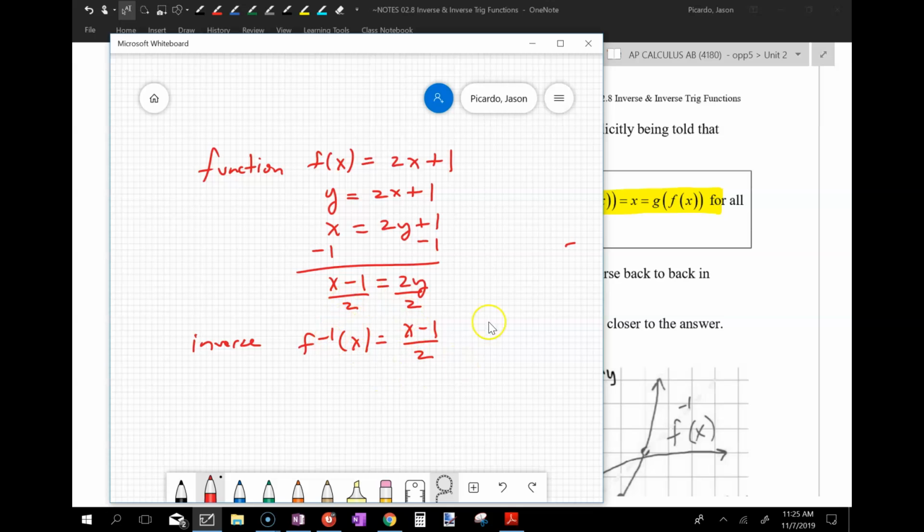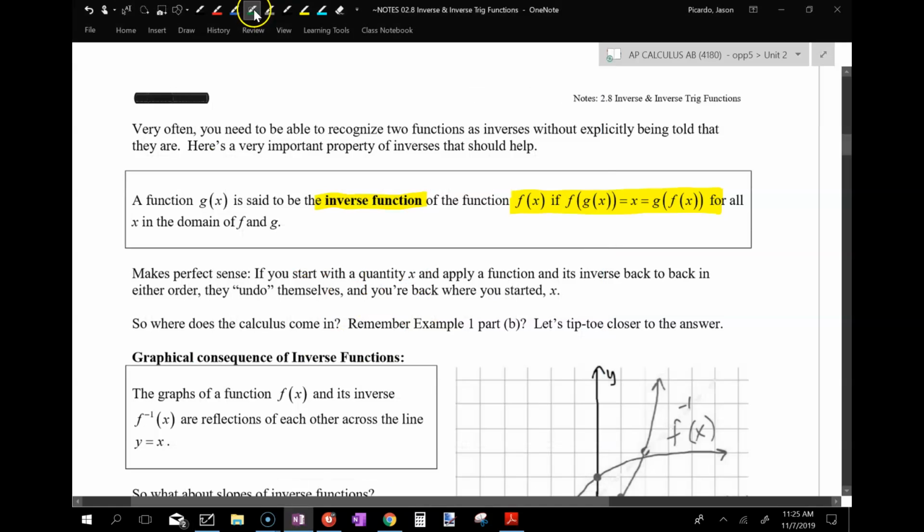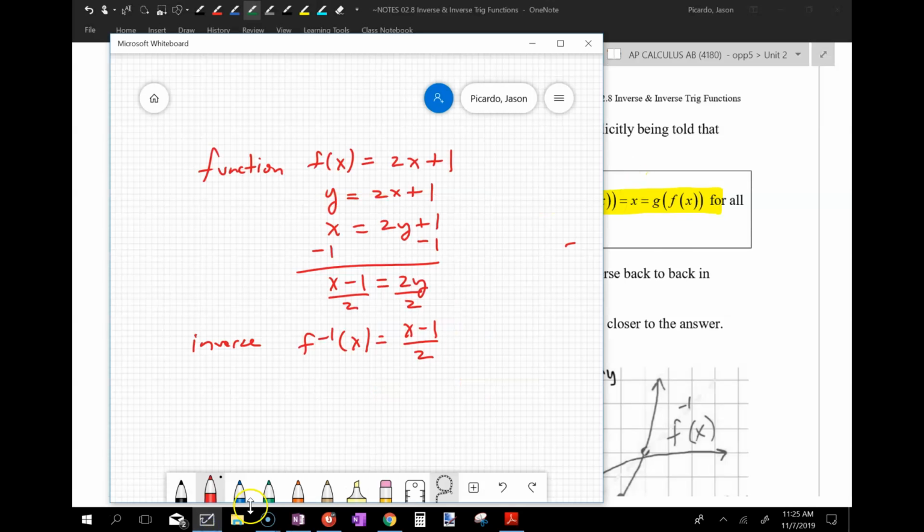And if I take this and plug it into that, I should get x. Because what it said was that the inverse is now going to be called g of x. So g of x is said to be the inverse. So if g goes into the original, or if the original goes into g, I should get an outcome of x. It sounds like a lot of words, right? Well, let me just do it, and hopefully that'll connect the dots.